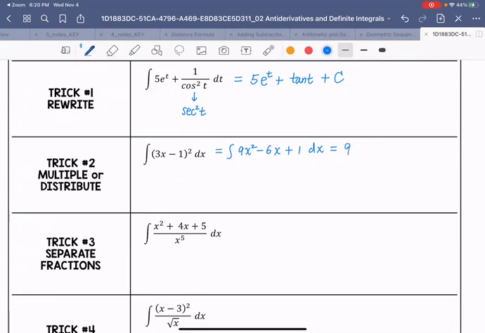You do 9 times x to the power 2 plus 1 is 3, and then you do the reciprocal of 3, 1 over 3, right? And then minus 6x, what do you want to write? Negative 3x squared.